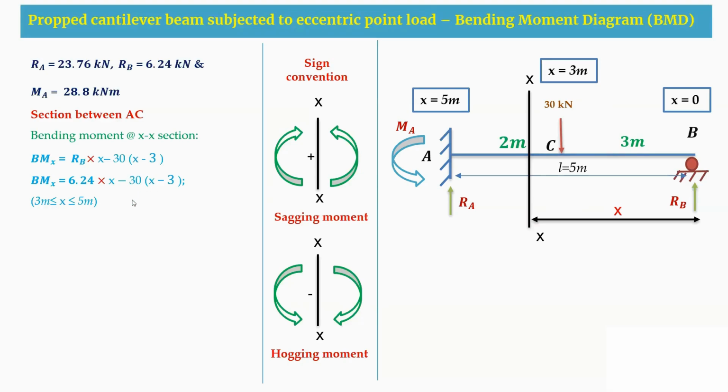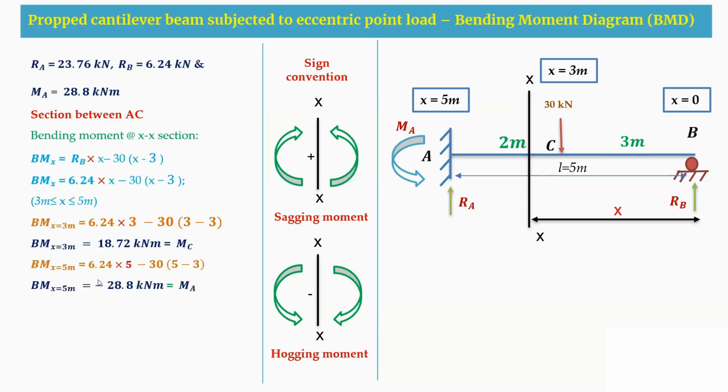Now, when we substitute X equal to 3 meters, I get the moment as 18.72 kilonewton meter. When I substitute X equal to 5 meters, I get the moment as minus 28.8 kilonewton meter. So that is at the A support. After getting the moments here, we are going to find the point of contraflexure. Why?